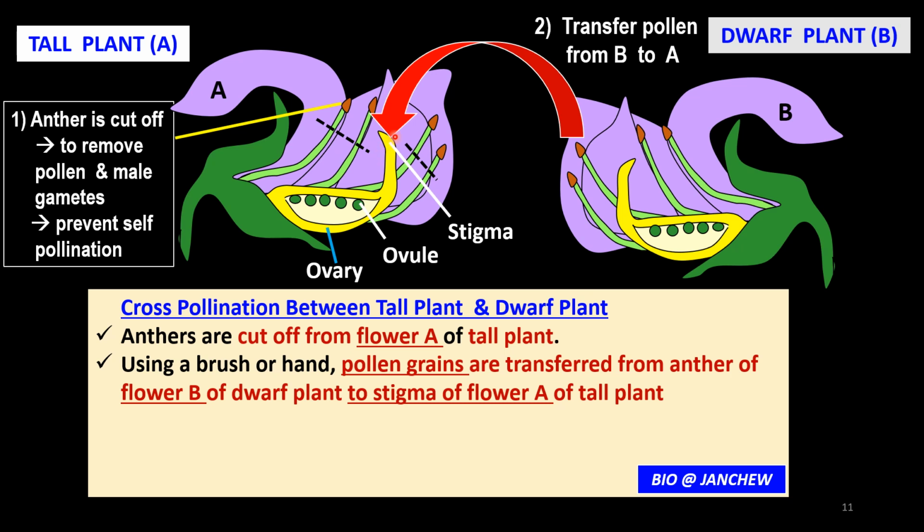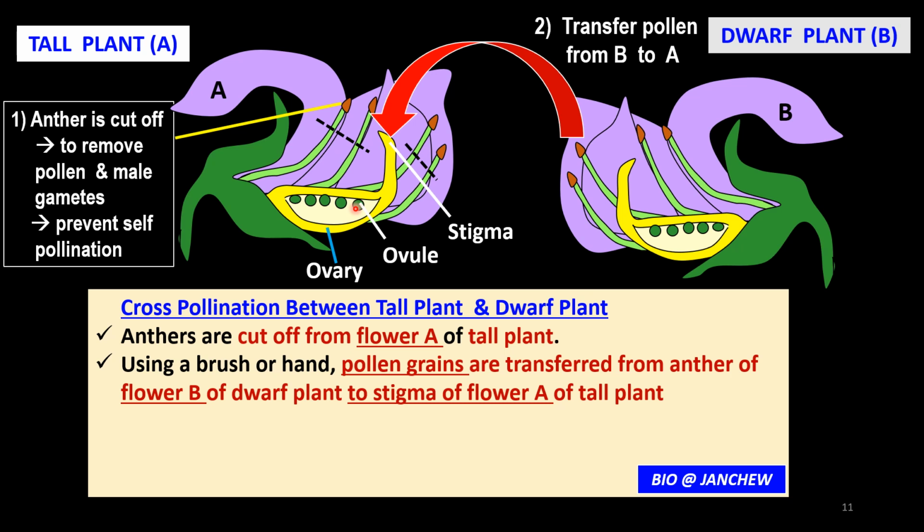So what happens next? The male gametes from the pollen grains of dwarf plant of flower B will move down and fertilize the egg cells or ovum here in the ovule, which comes from the tall plant.